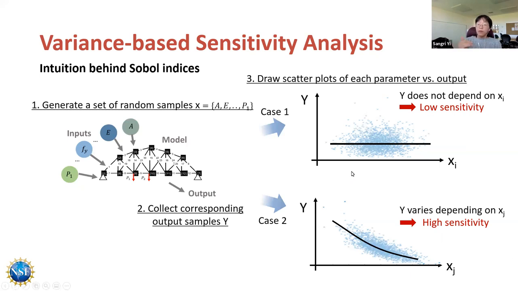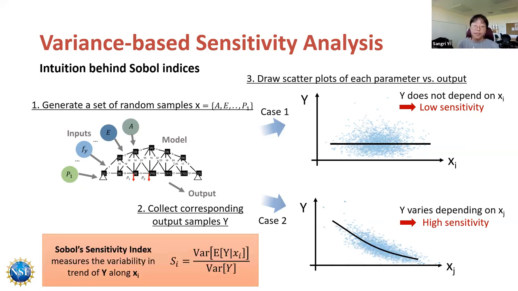So here we can see that the variability of the trend of y along xi is kind of the measure of sensitivity of each random variable. And that is exactly what Sobol index is aiming for.